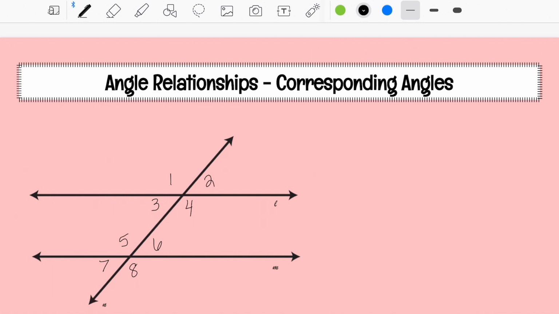What corresponding angles are, and you should remember this word from when you looked at similar figures and transformations, corresponding means the same location in a different space. So for our purposes today in looking at angles, when you see corresponding angles, I want you to think of angles that are in the same seat at a different table.